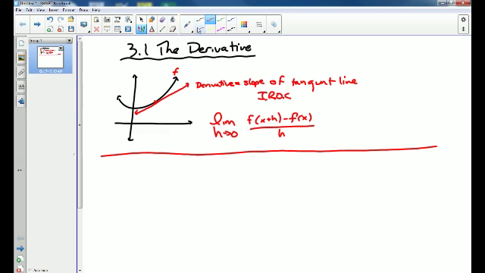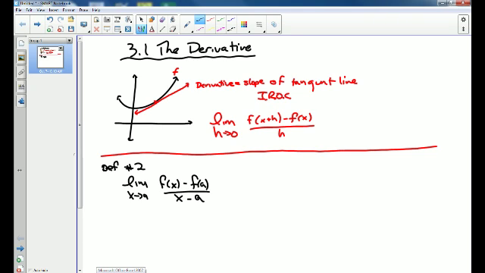So this is definition number 2. You have to be able to recognize and use both of these. This one might look a little more familiar. Yeah, it's a slope formula, right?